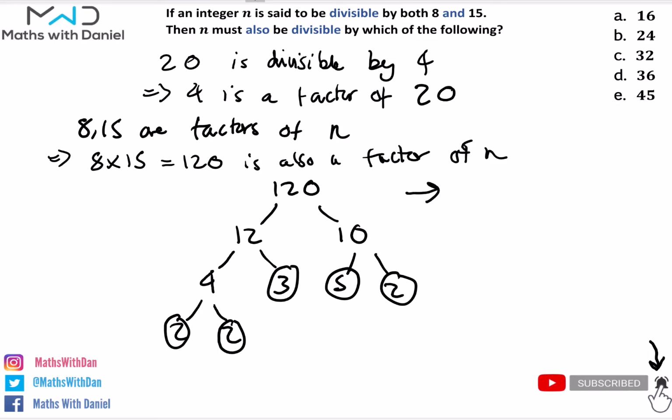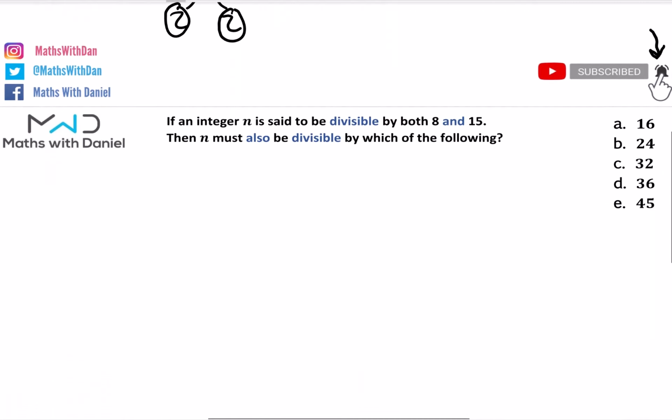So the prime factors of 120 are 3 twos, so 2 times 2 times 2, and then we've got a 3 and a 5. This simplifies to 2 cubed times 3 times 5. Let me just scroll down so we've got a bit more room.